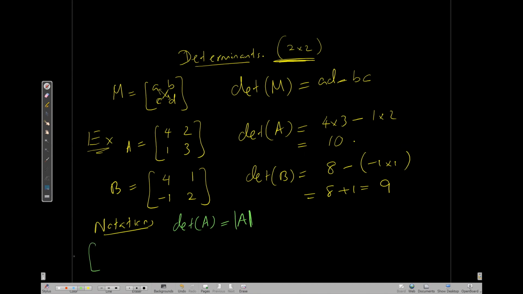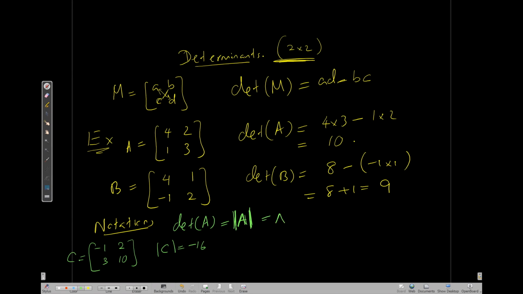For example, let's say C, how about negative 1, 2, 3, 10. In this case, if you find the determinant of C, it's going to be negative 1 into 10, negative 10, minus 6, so negative 16. So the determinant can be negative even though we denote it by something similar to absolute value bars.